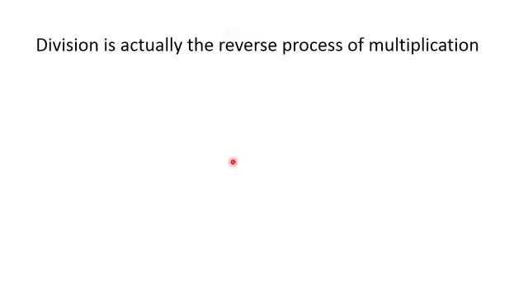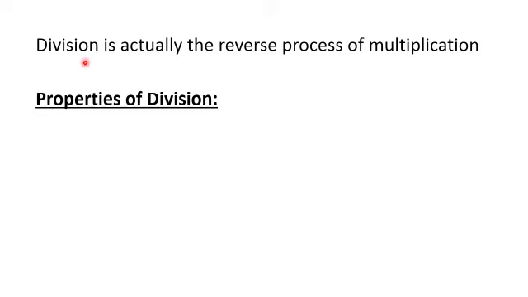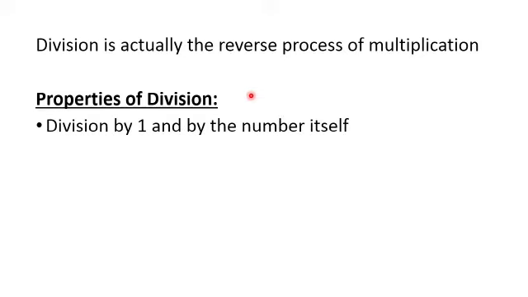Students, here we are going to see the next properties of division. It is very easy, students. You know, division is actually the reverse process of multiplication, right? So we are going to see the properties of division, that is dividing by 1. What will be the answer when a number is divided by 1?